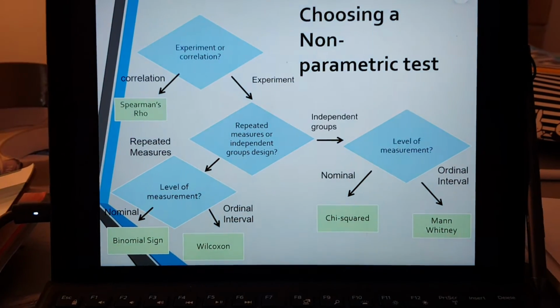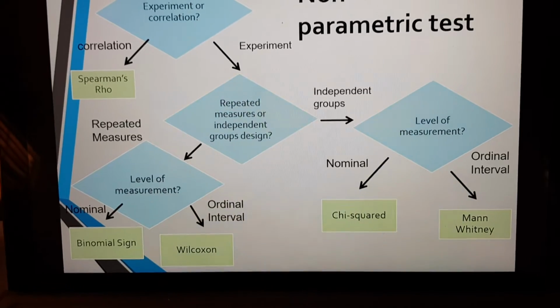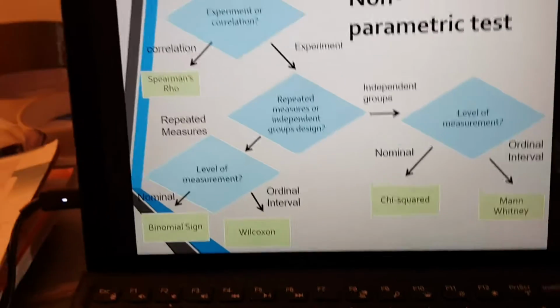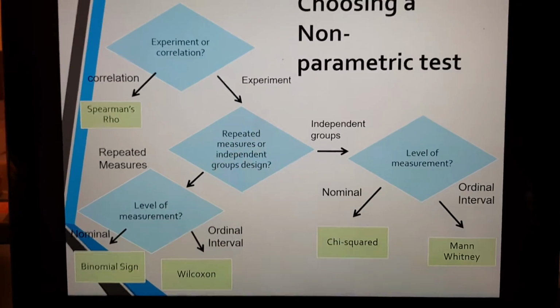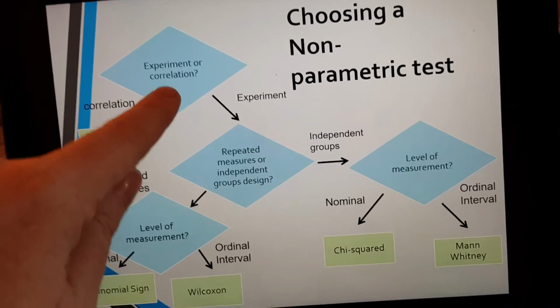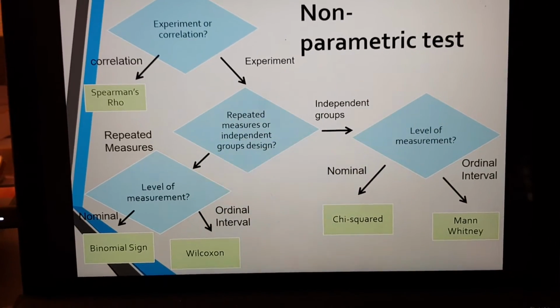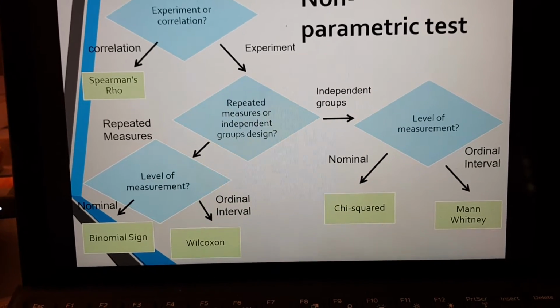So there's our decision tree. As you can see, Wilcoxon T is here. So our three decisions, remember, is that we've got a test for difference. So we've got an experiment of some kind in terms of our experimental design.